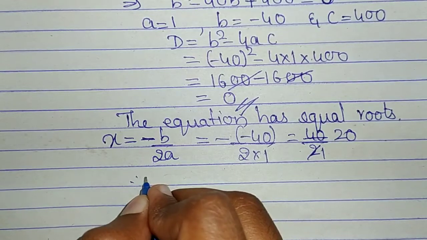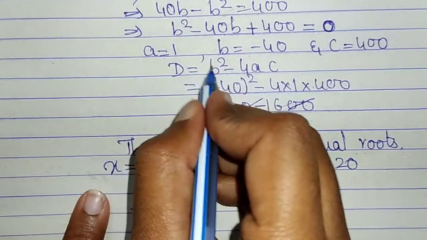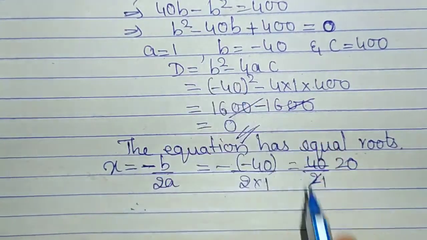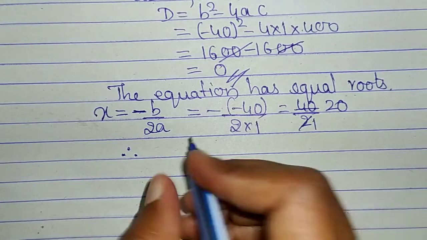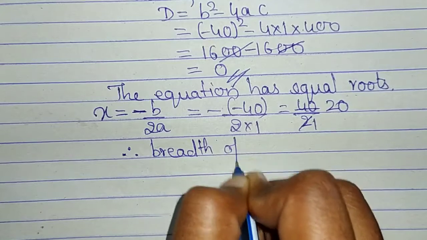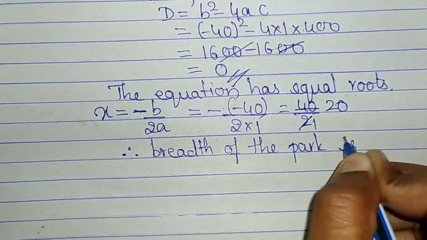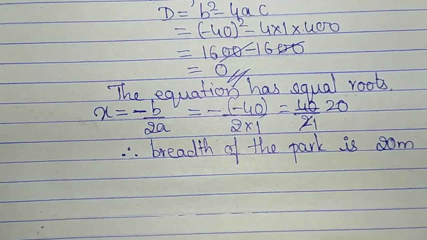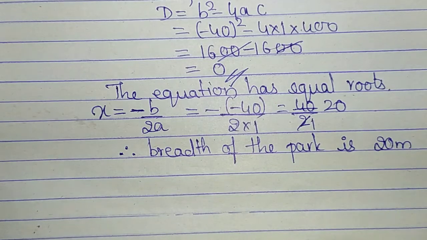Therefore, here our value of x, or the root, was b. The variable was b, that is breadth. Therefore the breadth of the park is 20 meters. Both the roots will be equal to 20 and 20.